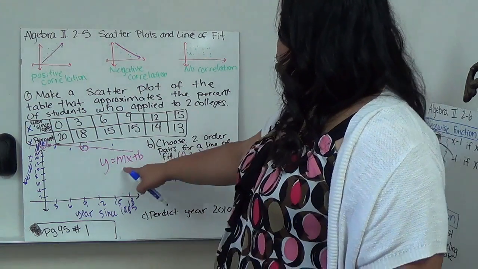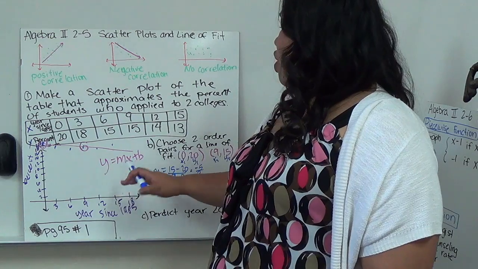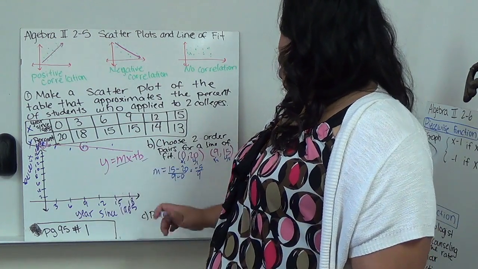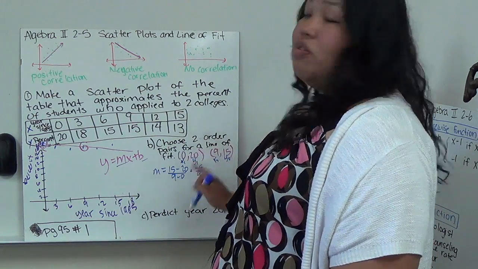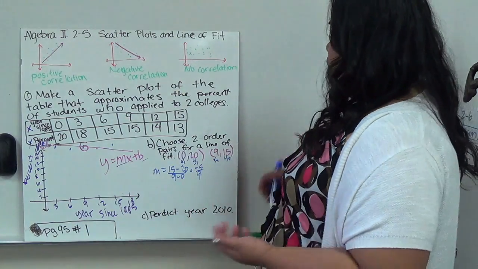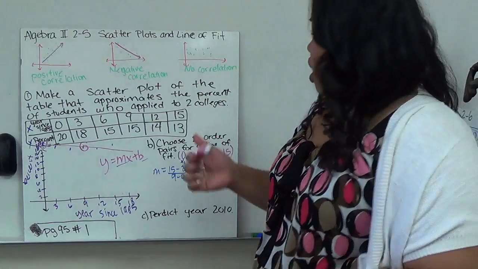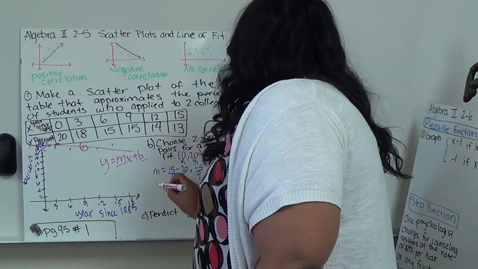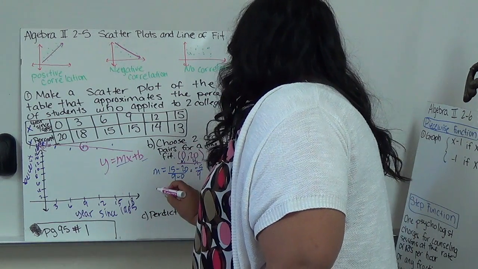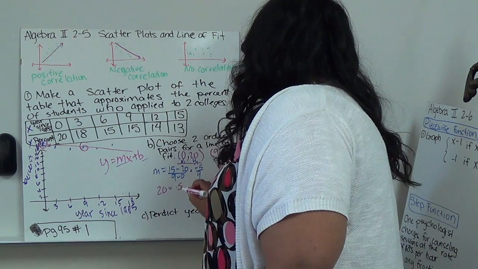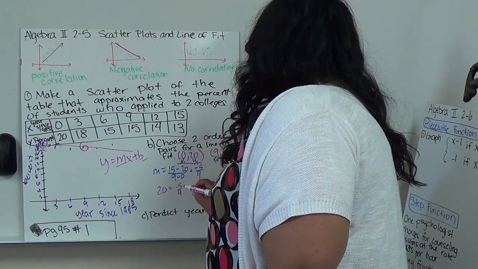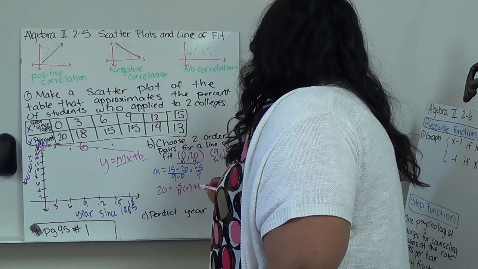And now, in order for me to have a line of fit or an equation, I need an m and a b, and I only have an m. So I'm going to use one of these points. I'm going to use the first one. It doesn't matter which one. I'm going to use one of these points to find my b, just like the other sections. So I'm going to try the first point. 20 equals negative 5 over 9 times x, which is 0, plus b.